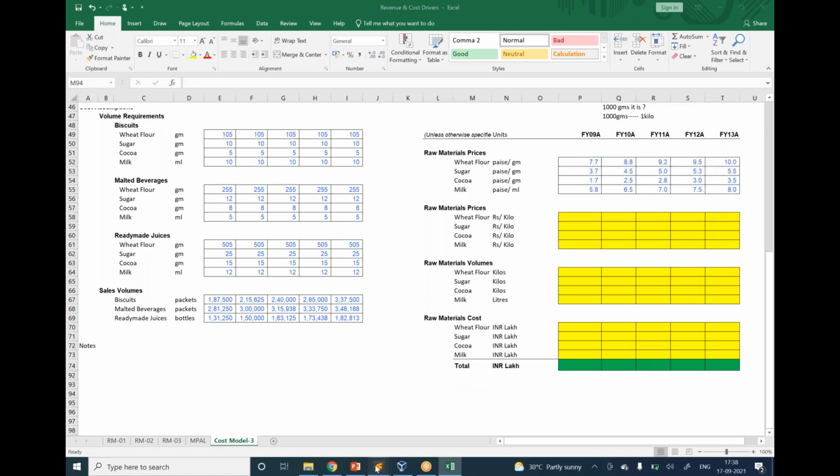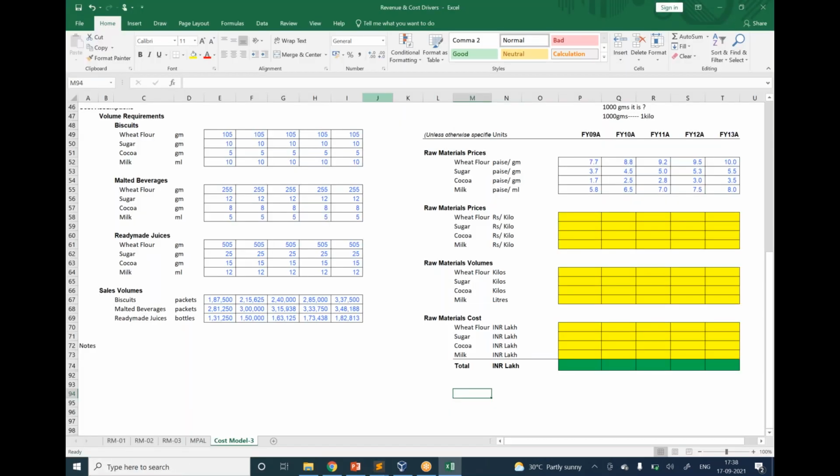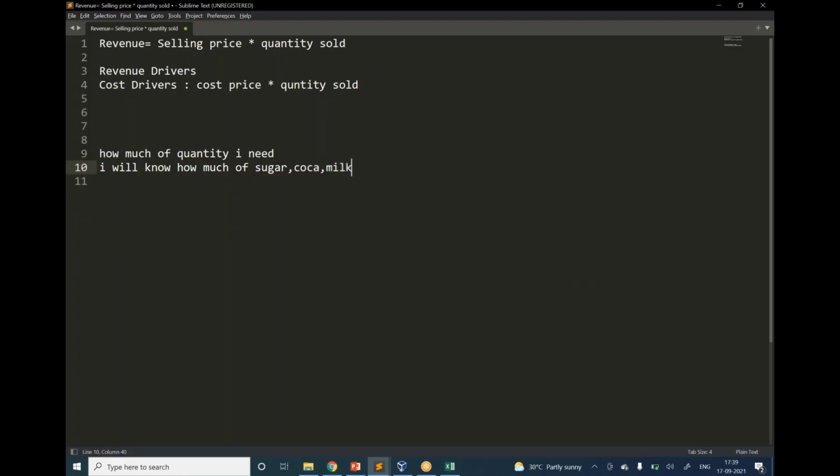The question I need to ask is, how much quantity do I need? If I get this answer, I will know how much sugar, cocoa, milk and wheat flour I can buy.